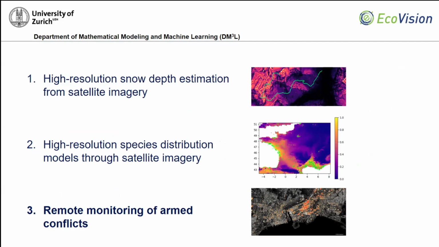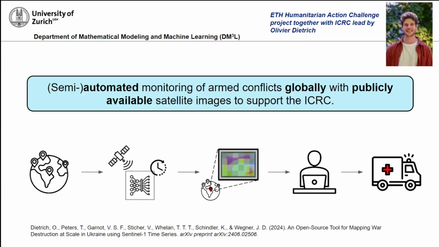Okay, so the last topic is what Olivier is working on. This is a project that is funded by the so-called Humanitarian Action Challenge grants. This grant is funded by the federal government of Switzerland because NGOs like the International Committee of the Red Cross, the ICRC, have no capacity and no funding to innovate in the technical domain.